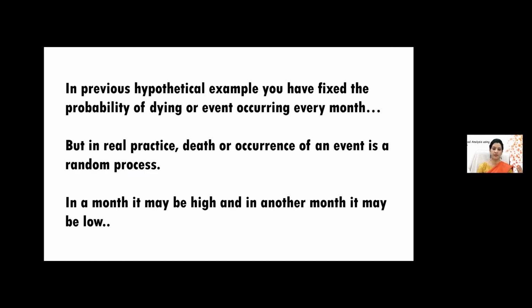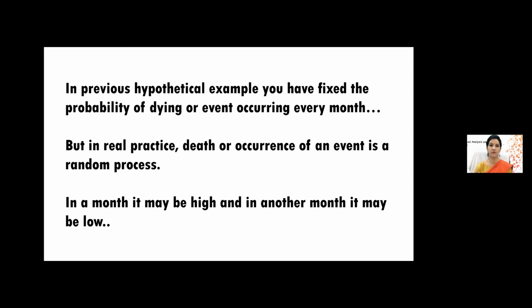So in the previous hypothetical example, you have fixed the probability of people dying, or not dying, for any event. I should refrain from saying dying, because then that will give you a wrong meaning. So whatever event you have defined, that probability of that event happening is fixed here. But in a real situation, this is a random process.